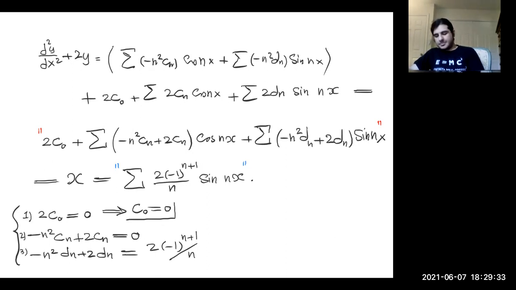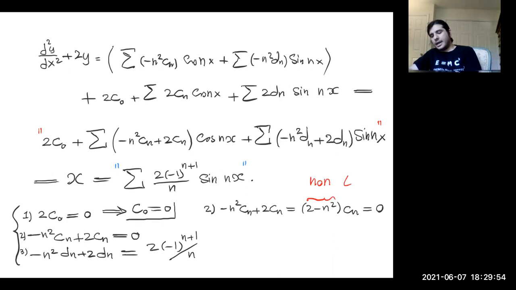Let's look at the second equation. I would write it here. We have minus n squared Cn plus 2Cn is equal to 0, which is equal to 2 minus n squared times Cn equal to 0. Well, the point is that 2 minus n squared is always non-zero, right? n is a natural number. n squared is not equal to 2.